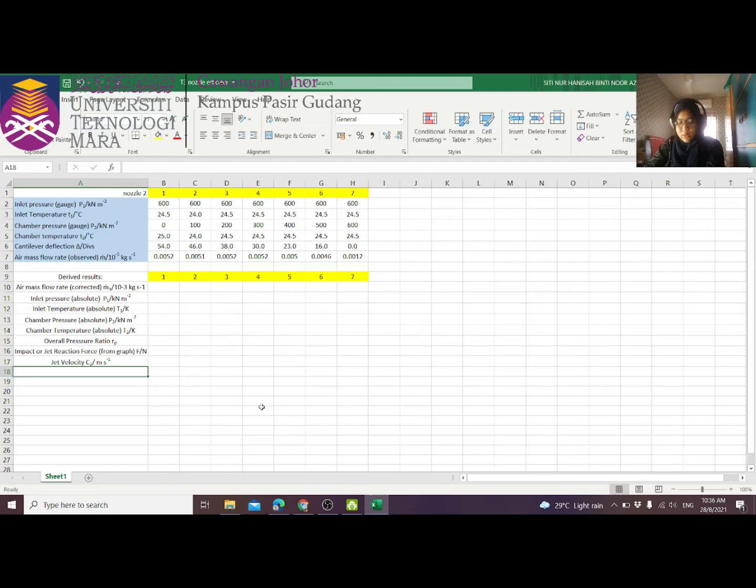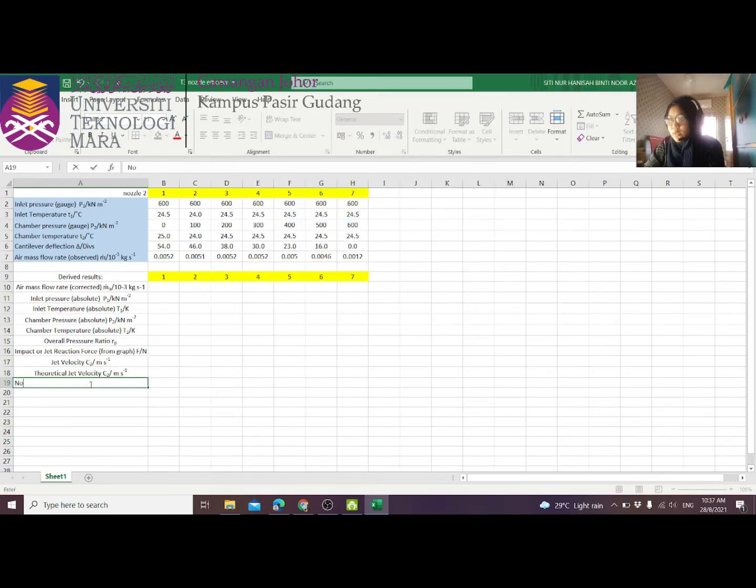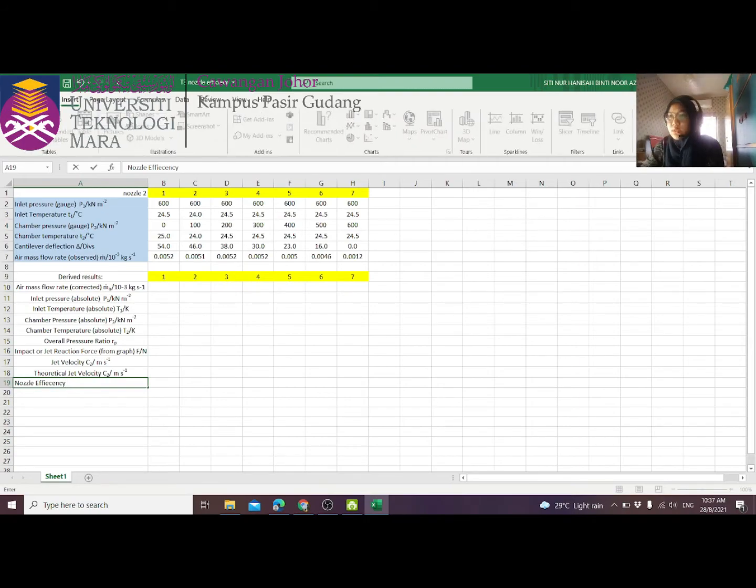And then next is theoretical jet velocity, which is 2 over M per MS^-1. So subscript and superscript. Next is nozzle efficiency, which is the unit needed.